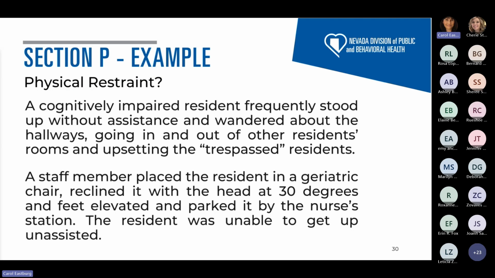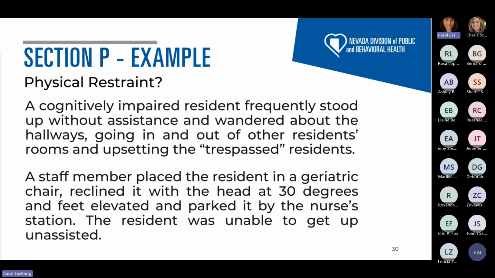A cognitively impaired resident frequently stood up independently, wandered the hallways, and went in and out of other residents' rooms, upsetting those residents. A staff member had the resident sit in a geri-chair and then reclined it so the resident could not stand independently, and parked it by the nurse's station so the resident could interact with people going by.